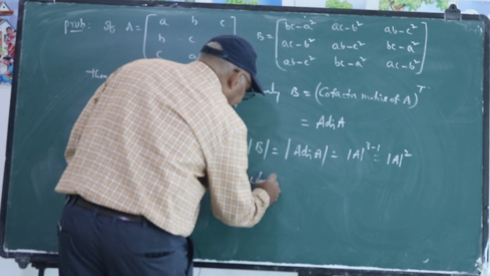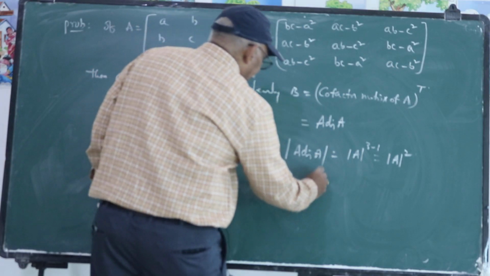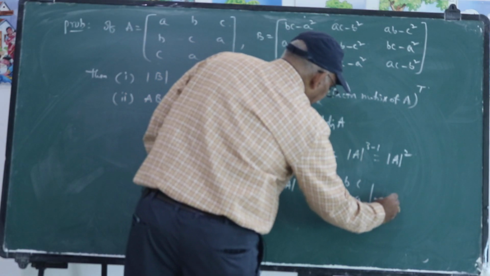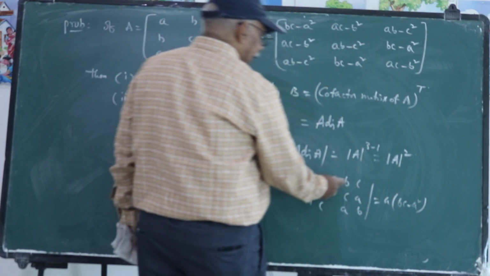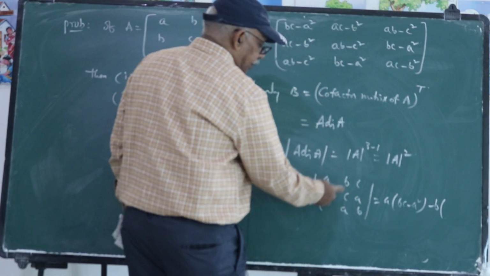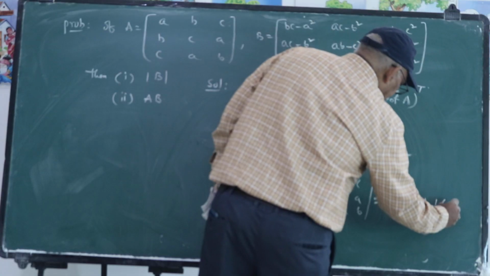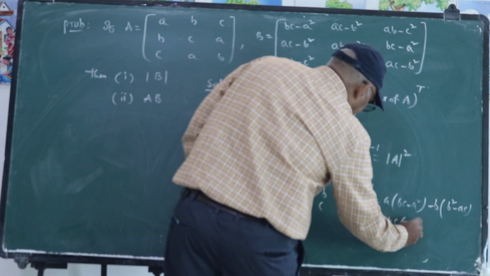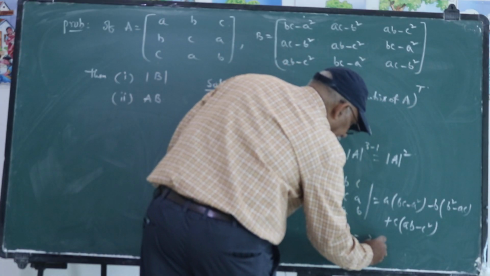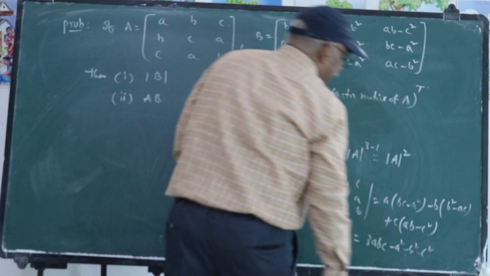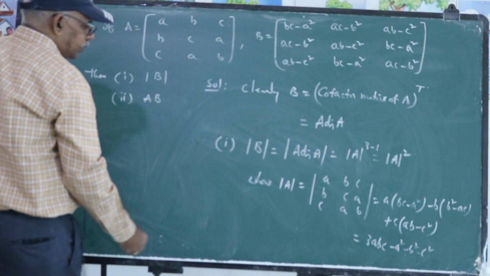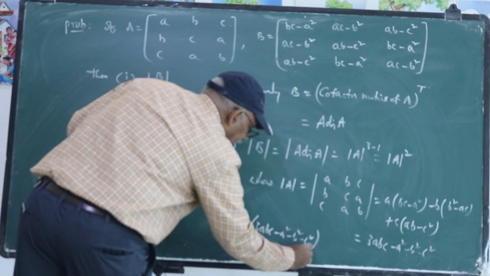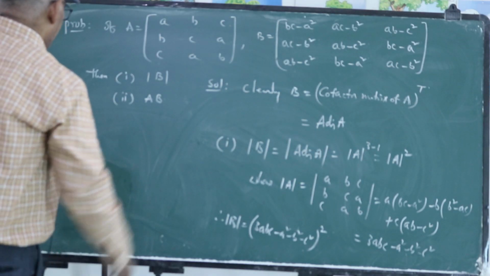Where det A equals the determinant of the matrix A, B, C; B, C, A; C, A, B. Evaluating about the first row: A into BC minus A square, minus B into B square minus AC, plus C into AB minus C square, which gives us 3ABC minus A cube minus B cube minus C cube. So det B takes the value 3ABC minus A cube minus B cube minus C cube whole square. This is the value of det B.